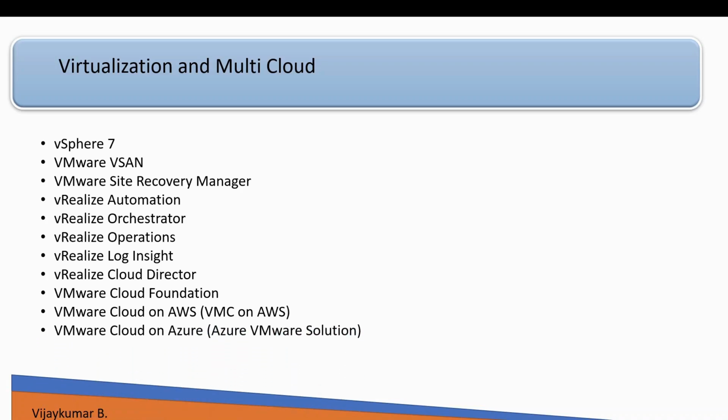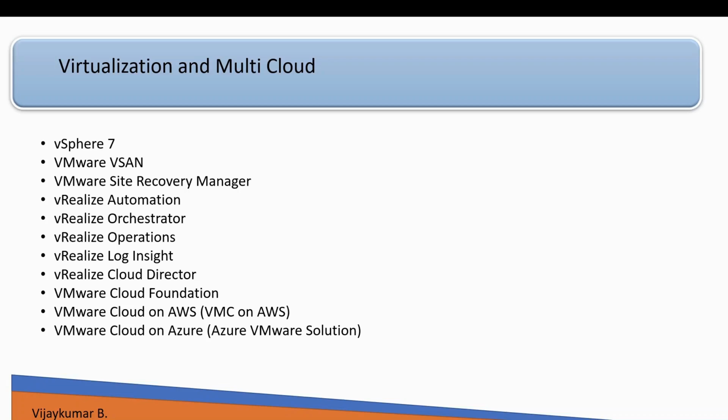The next product on the list is VMware Cloud on Azure. As I said, VMware has again come up with a VMware solution on the Azure side as well. Basically, you will have to request the Azure VMware Solution, and then they will build your private cloud infrastructure on Azure, and they will give you access to the vCenter server, and you will be able to manage your virtual machines on that, and integrate your other Azure solutions with the VMware solution.